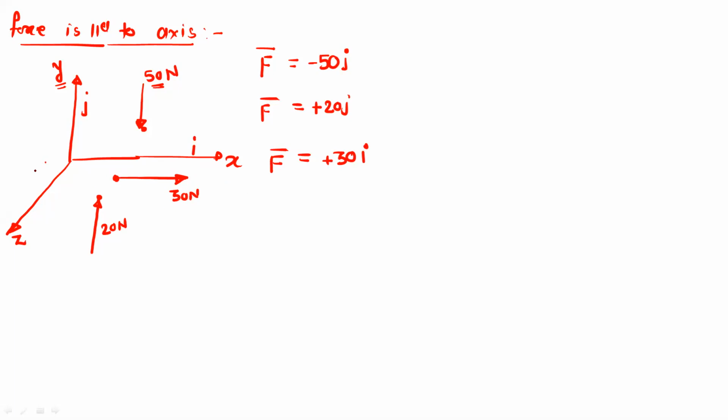And along the z direction, the unit vector is k. So F bar is equal to 40k. So this is the representation for the force if the force is parallel to either the x-axis, y-axis or the z-axis.